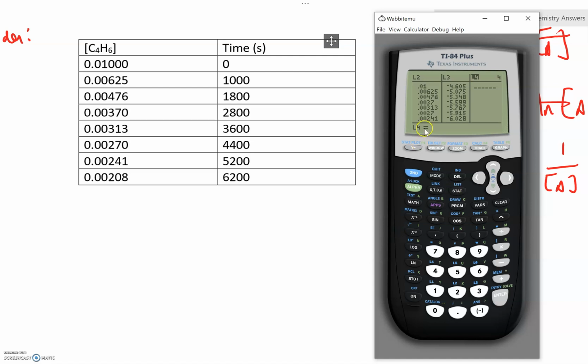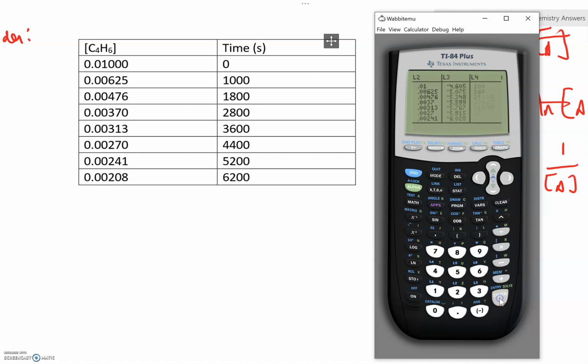So the calculator, we've highlighted the top of L4, is asking us, what do you want L4 to equal? We want it to be the inverse of concentration, the inverse of L2. So I'm going to tell the calculator to take L2 and invert it.